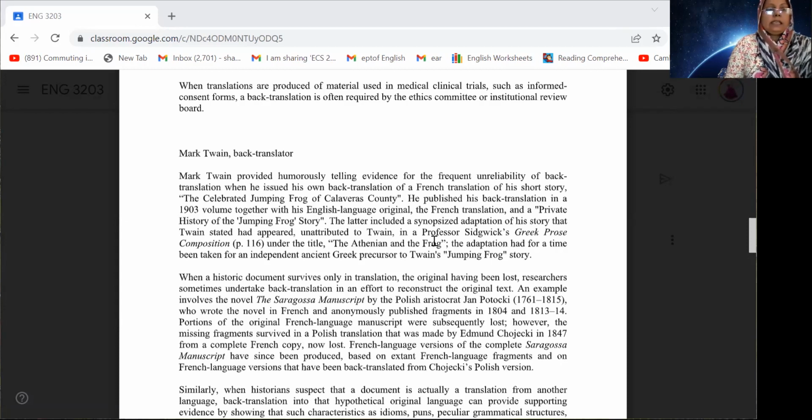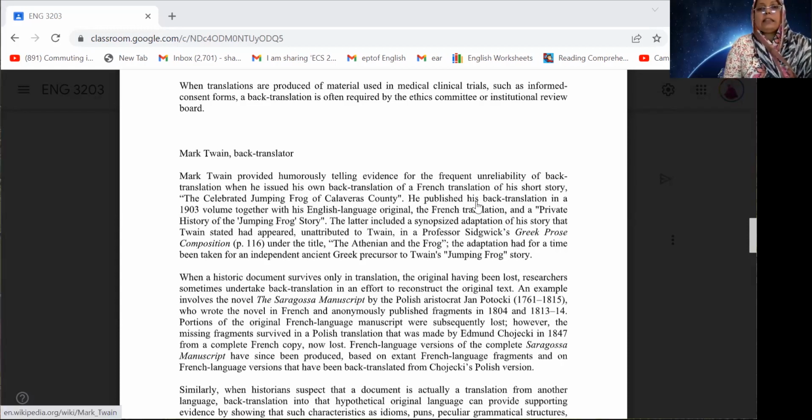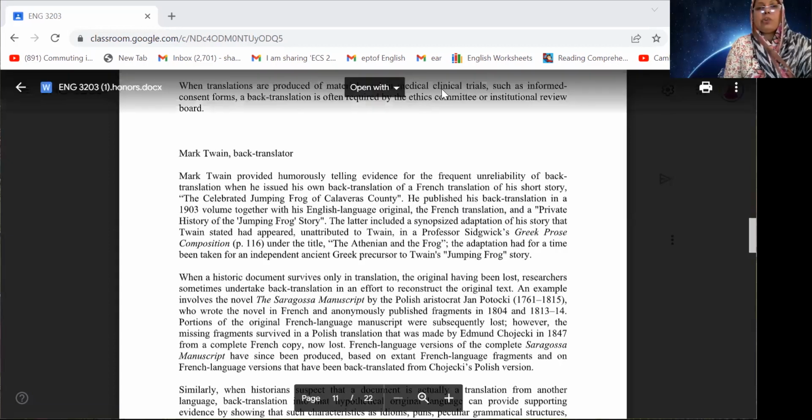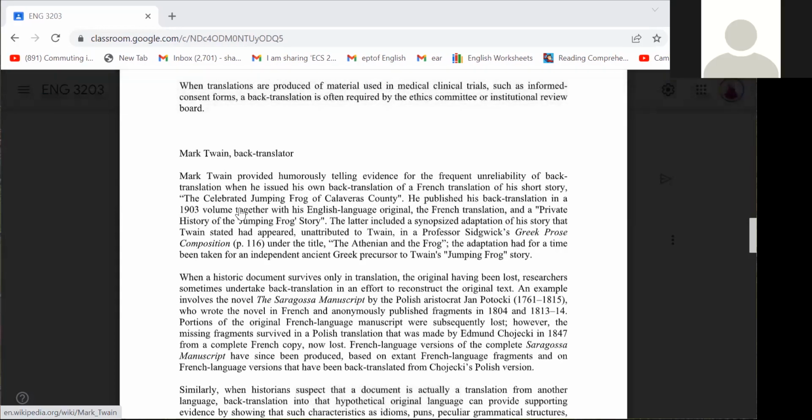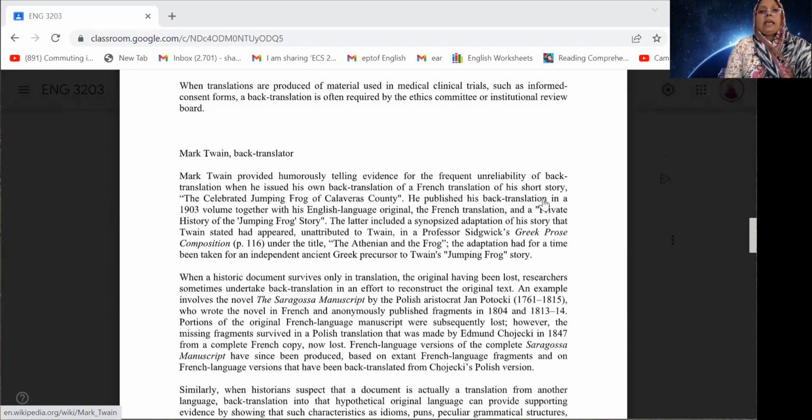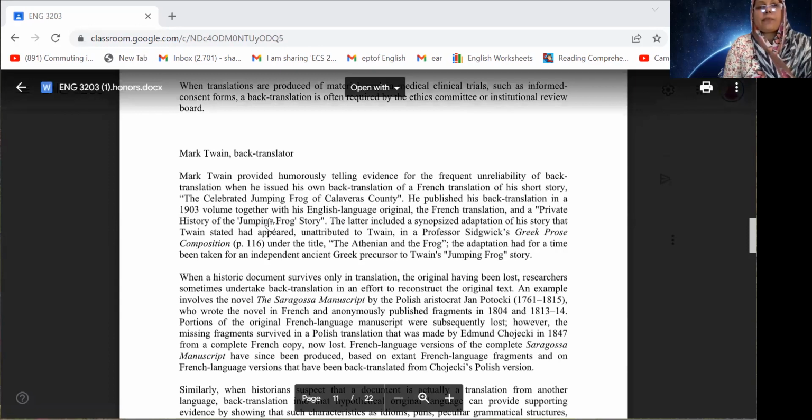Let me say it again. He published his back translation in a 1903 volume with the English language original, the French translation, and the private history of the Jumping Frog story.